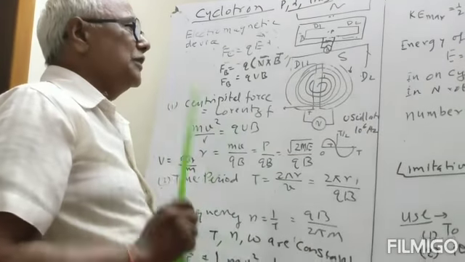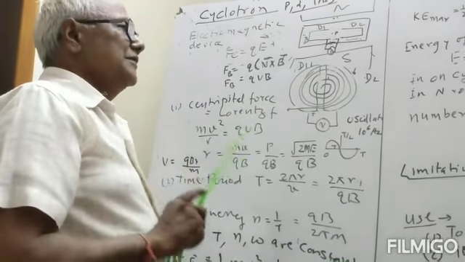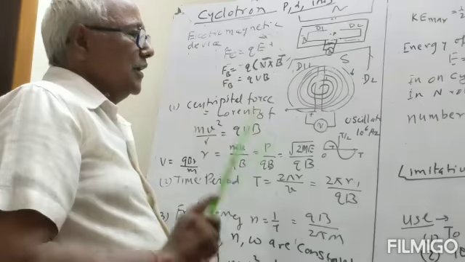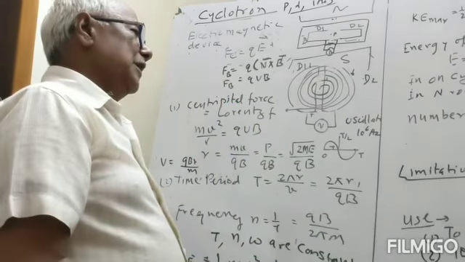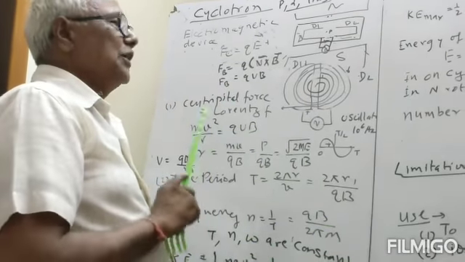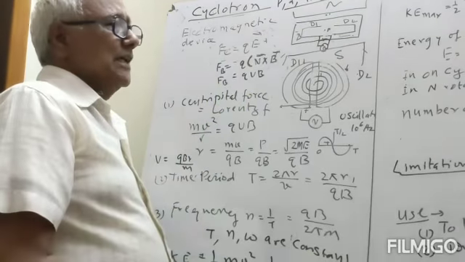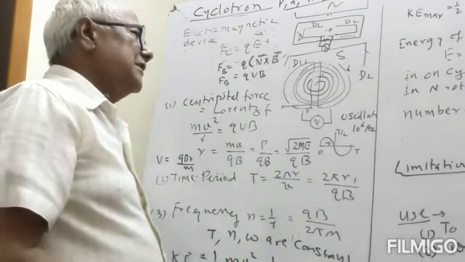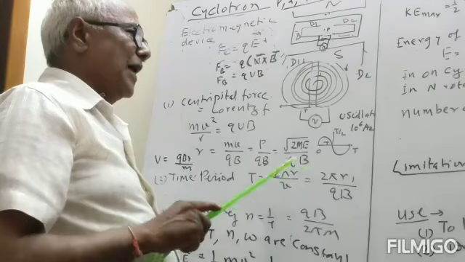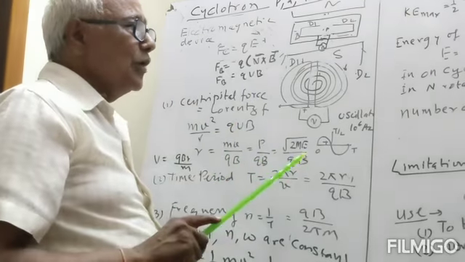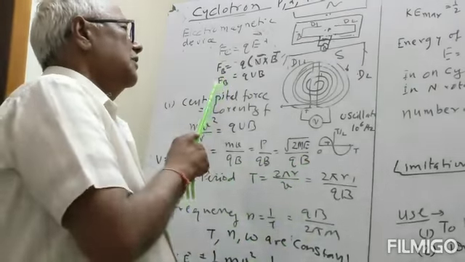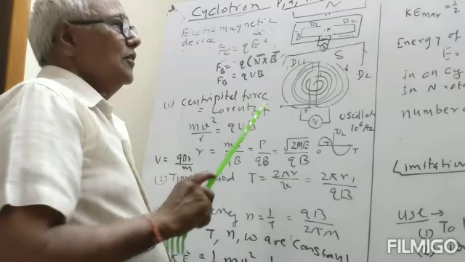So it will execute circular motion, and since the force is perpendicular to the displacement, the work done is zero. So it will not change the velocity, only the direction, and the path will be a circular path for the magnetic field.